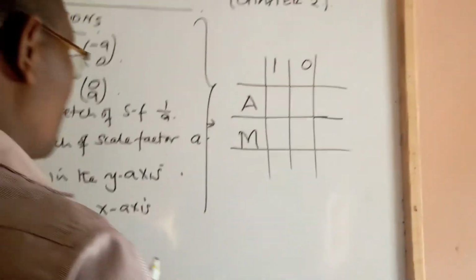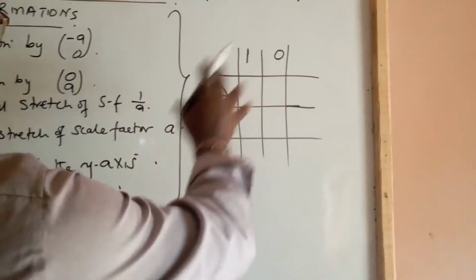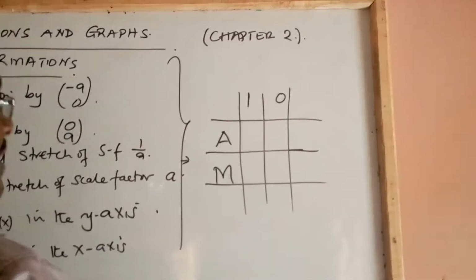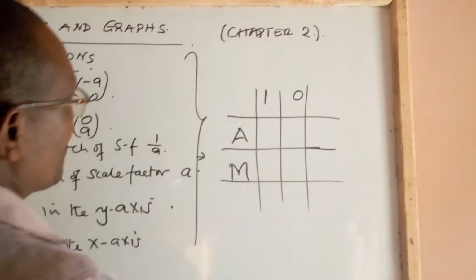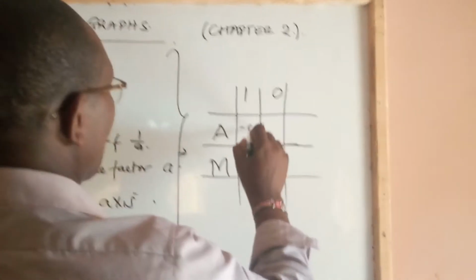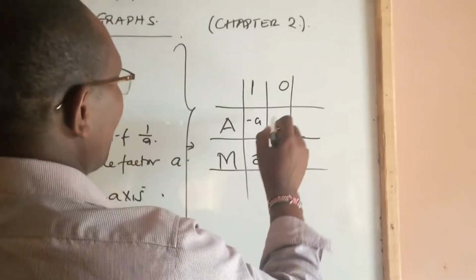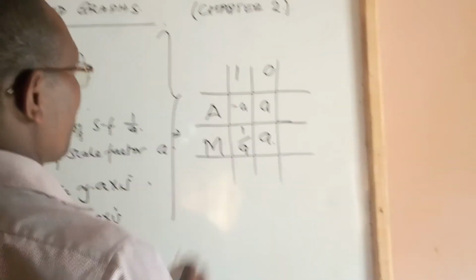Remember, it is not official, but once you understand Mayo, it gives you a very quick way of remembering what transformation is all about. So we have minus a, 1 over a, a, a.